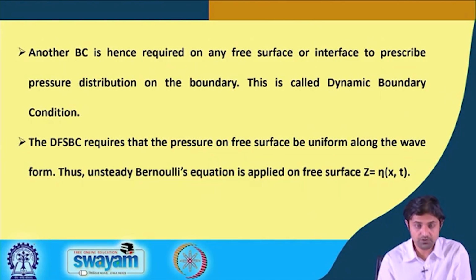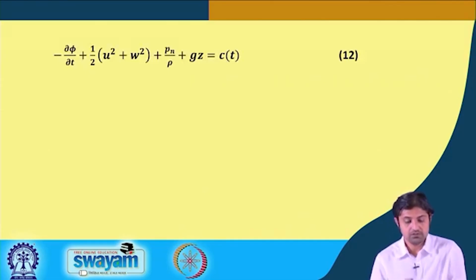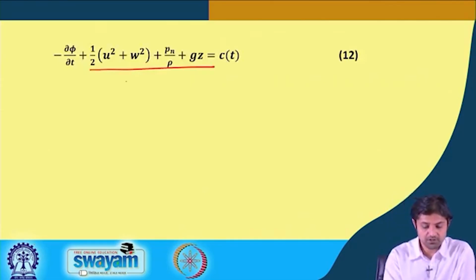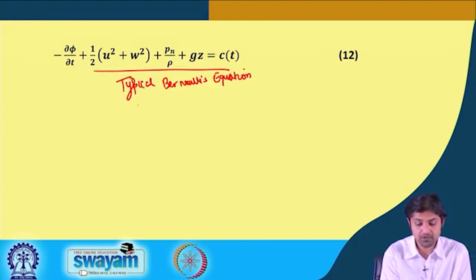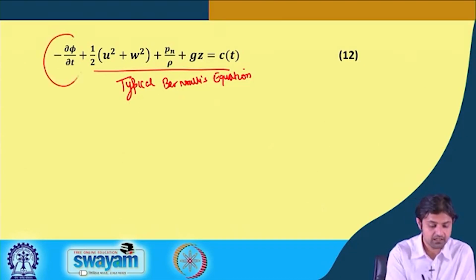We have seen the Bernoulli's equation. For this we are going to use unsteady Bernoulli's equation. Unsteady means there is going to be another term with del t. So, you remember this was a typical Bernoulli's equation. To make it unsteady, we add another term, this is the unsteady part.